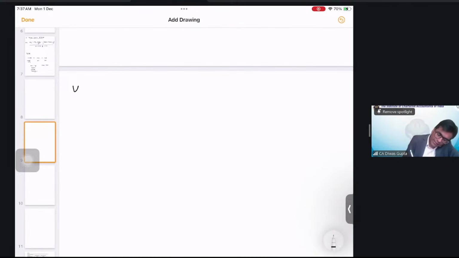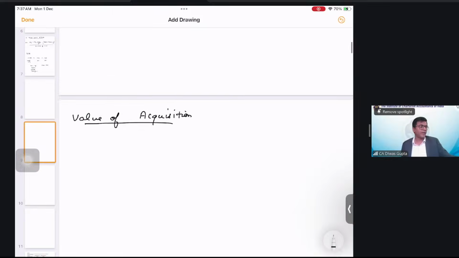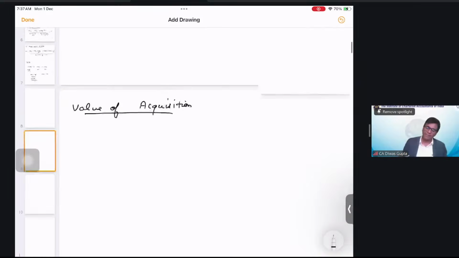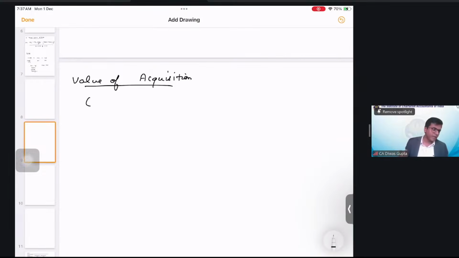Okay. Now, students, sometimes the question might ask you to calculate the value of acquisition. So this, sorry, coming back to this, you will all be able to understand it better once we do some questions also. Okay. Then we will be able to understand it better. So this is happening from whom? A Limited's perspective. So from A Limited's perspective, what is the value of acquisition?